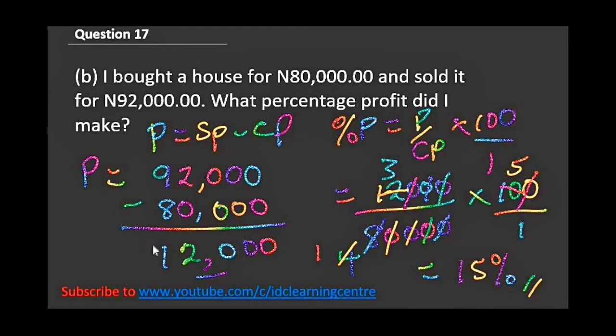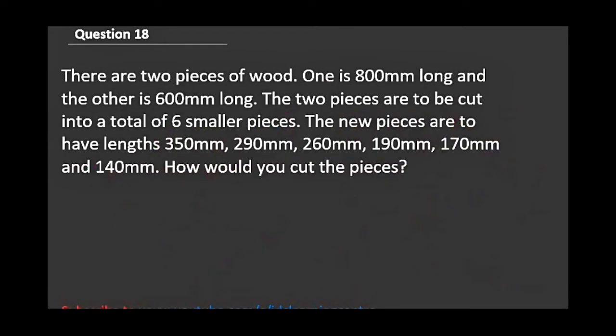Okay, question 18. This question says, there are 2 pieces of wood. One is 800 millimeters long and the other is 600 millimeters long. The two pieces are to be cut into a total of 6 smaller pieces. The new pieces are to have lengths 350 millimeters, 290 millimeters, 260 millimeters, 190 millimeters, 170 millimeters, and 140 millimeters.